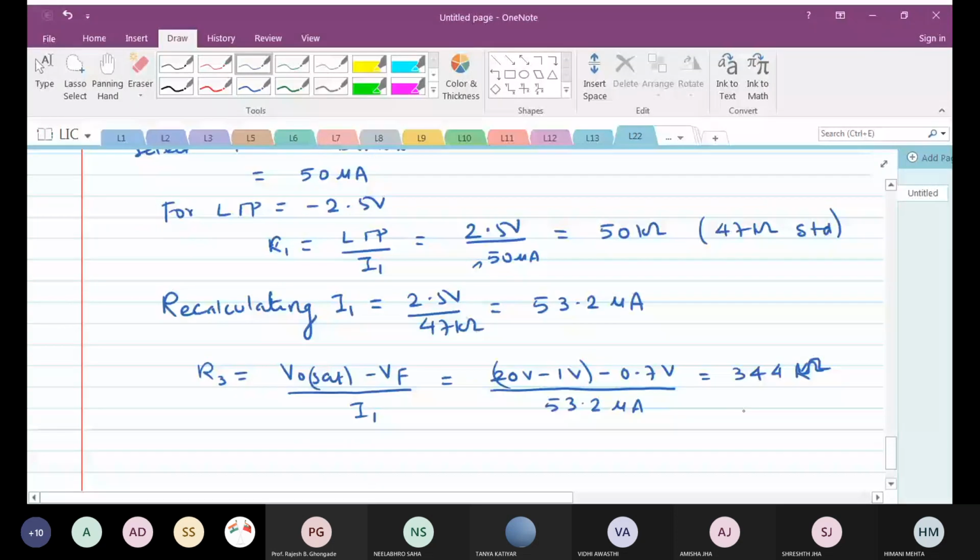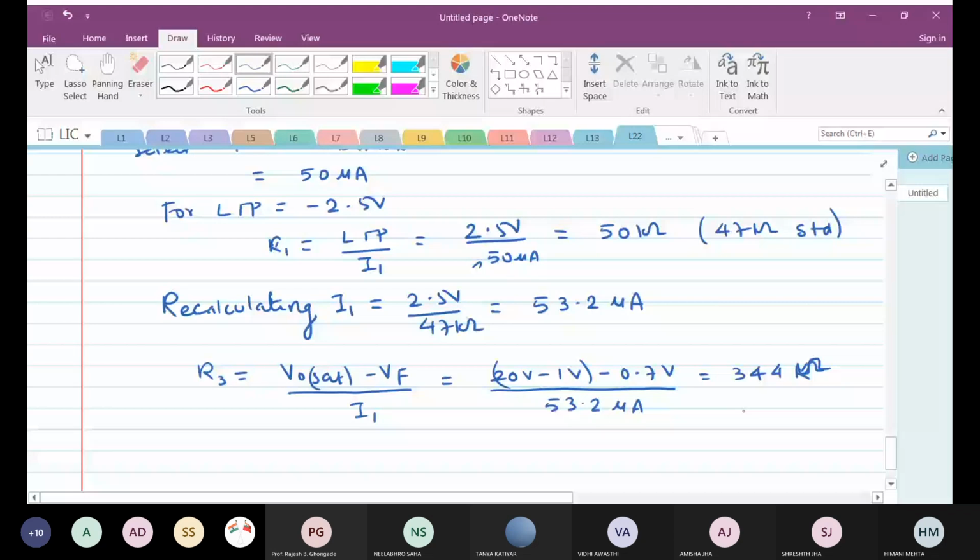Here you can use a combination of 330 kilo ohms standard value and 15 kilo ohms. For UTP as 4 volts, again I1 is UTP by R1, so that is 4 volts divided by 47 kilo ohms gives me 85.1 microamperes.